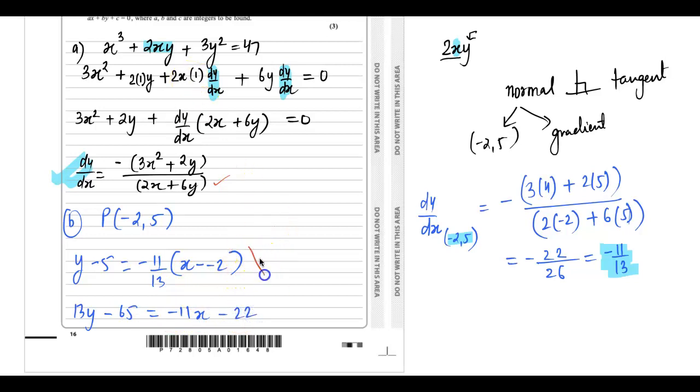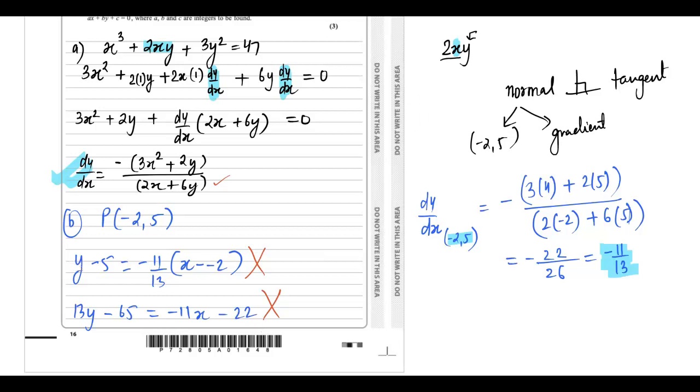Definitely not. This is the mistake you are making. You've got dy by dx, but it is not the gradient of the normal. It's the gradient of the curve. The gradient of the normal is going to be the negative reciprocal, right? So please avoid this. Don't do this. And this is what many students did, because when you are processing, getting something, you actually miss some steps.